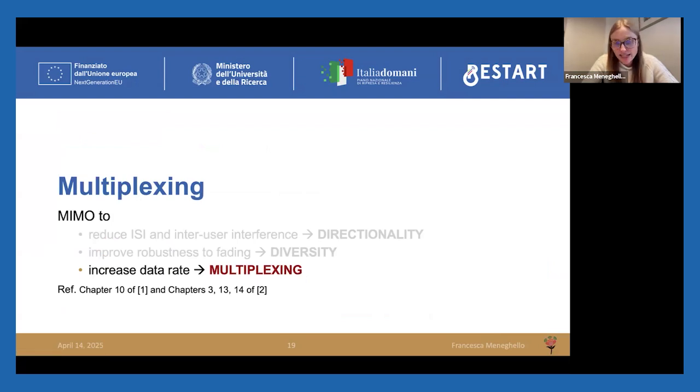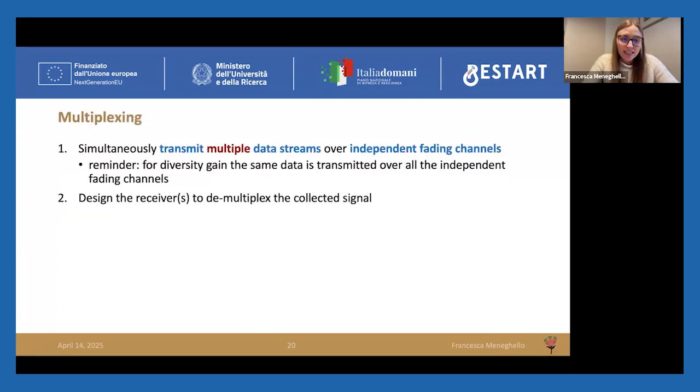Let's now take a look at multiplexing, and then let's see what we can do with both of them. While in diversity what we did was to transmit the same signal over independent fading channels in order to improve robustness, here instead we want to transmit different streams over independent fading channels in order to improve the data rate.